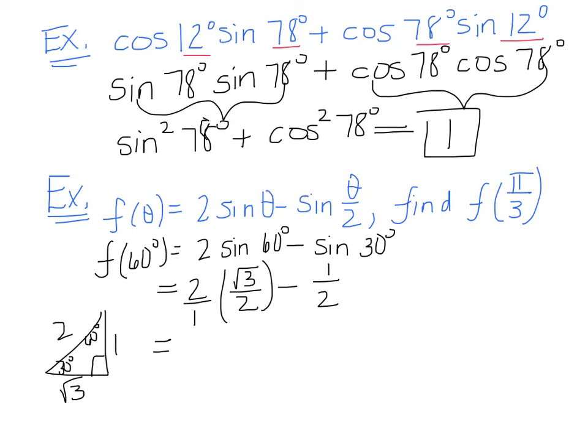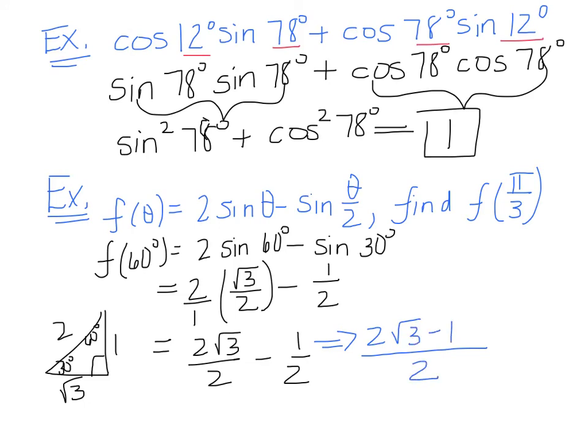Which means I'm going to have 2 root 3 over 2 minus 1 over 2. And since my denominators are the same, I can put it together so it can look like this over one single fraction. So that's what they mean by write it as a single fraction.